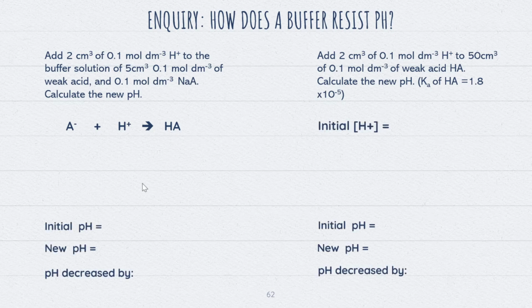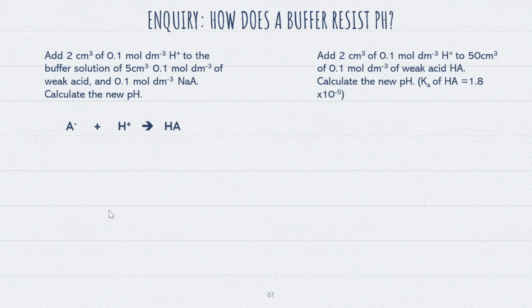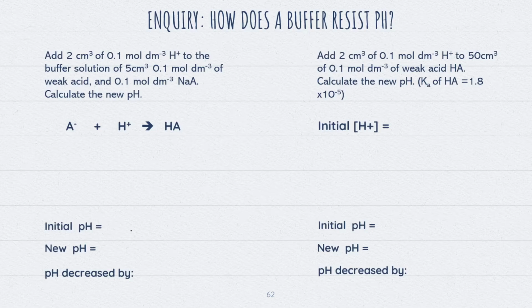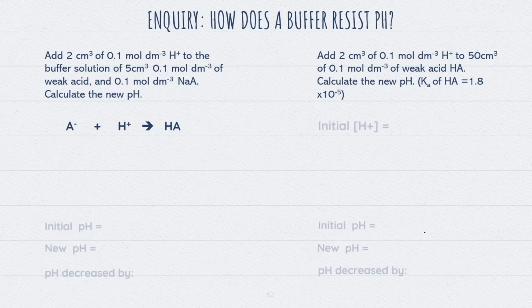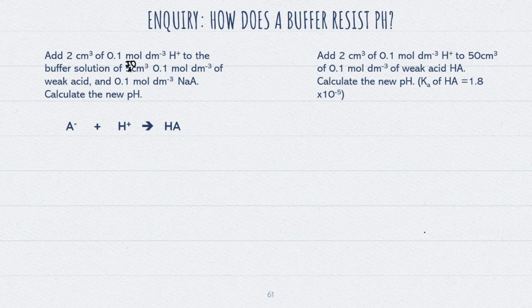Let's just fill up this stage first. Remember, the initial pH just now was 4.74. The other side was 2.87.